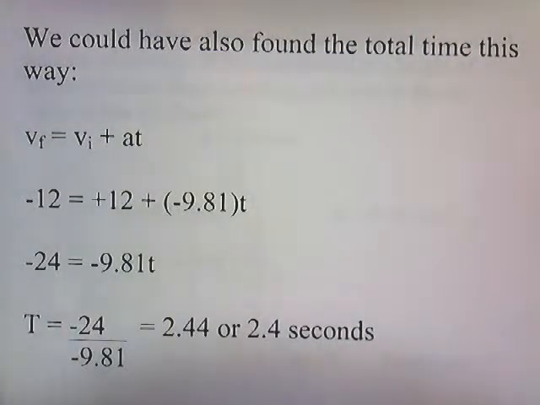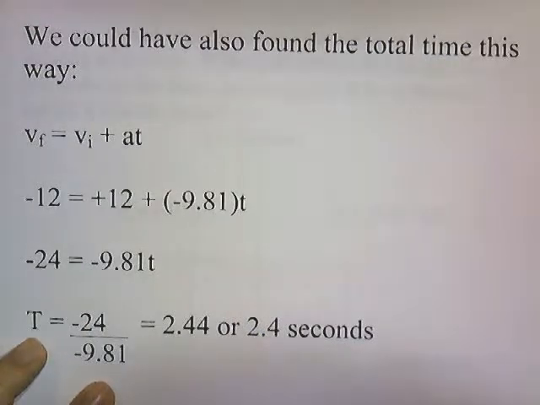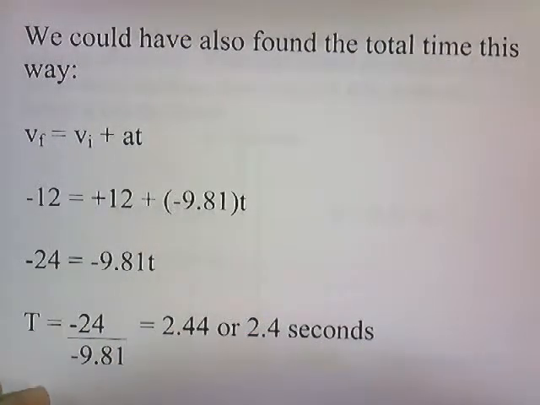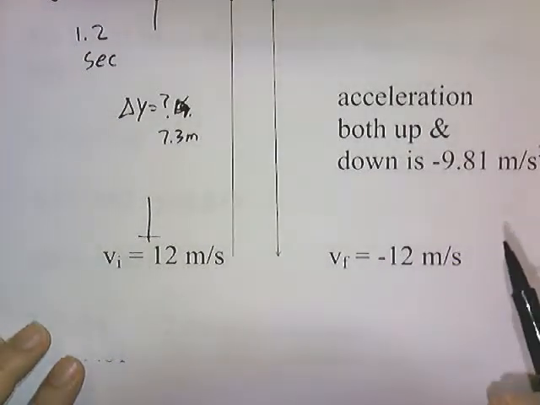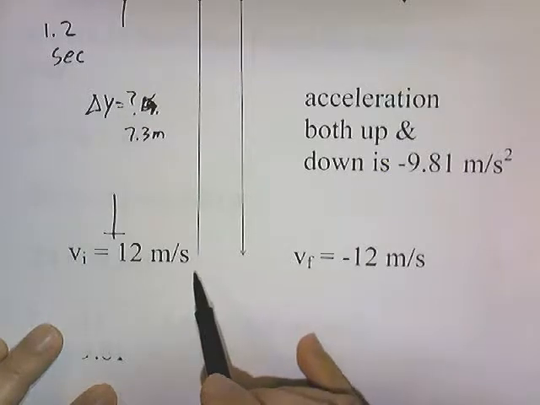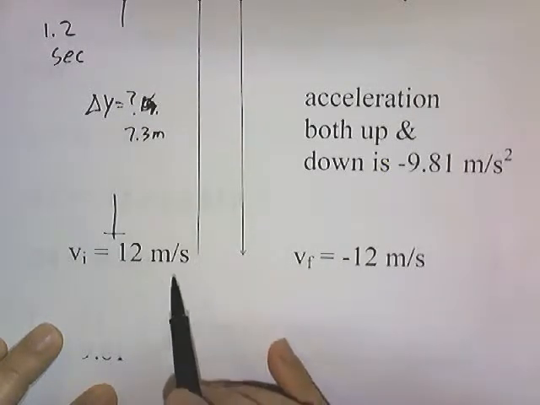And we could have found the total time this way. We could have used this formula with the actual initial velocity and actual final velocity, paying attention to the signs. The final velocity is going to be equal and opposite to the initial velocity when you throw it up.